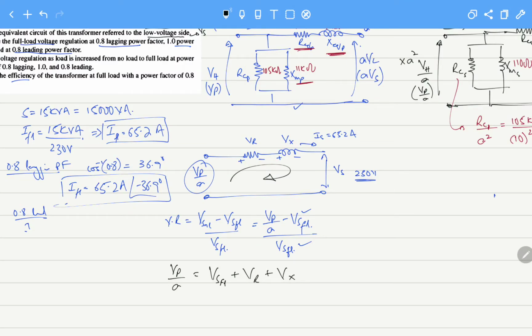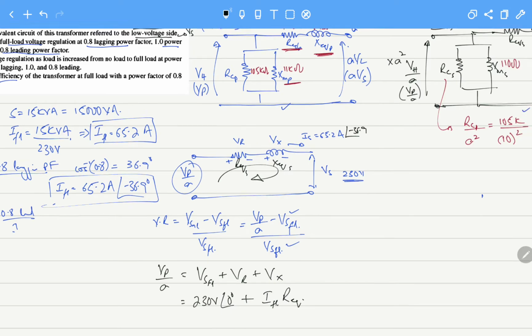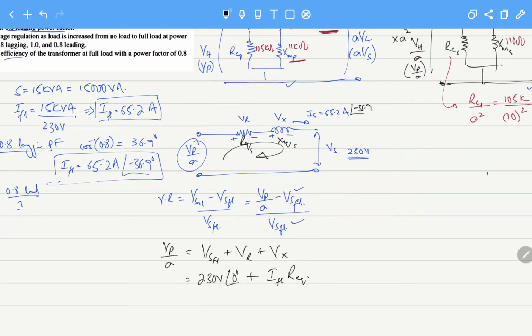We know the current, so this will be 230 volts at angle 0 degrees, plus the current, which for the lagging case is at minus 36.9, so this will be I FL into R equivalent. This is R equivalent and X equivalent referred to the secondary side. These are all referred to the secondary side, and we have calculated these values referred to the secondary side. And so this will become 230 volts.